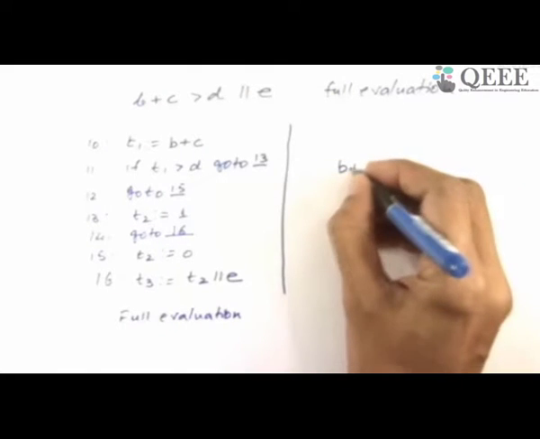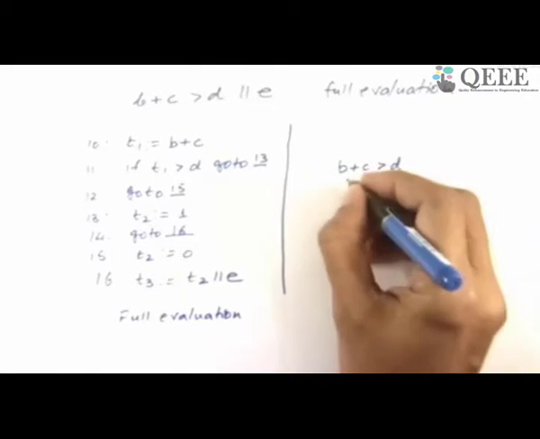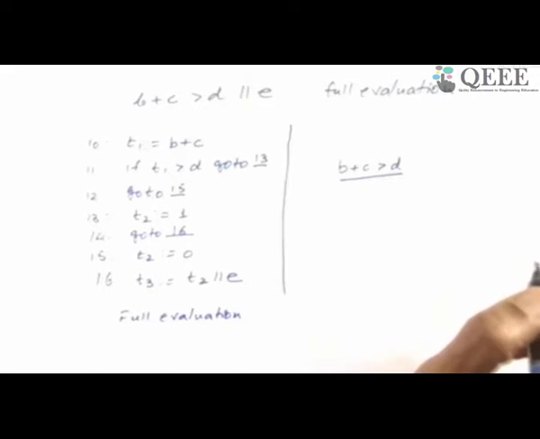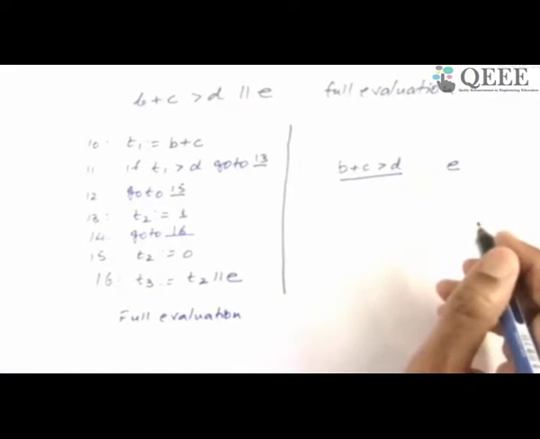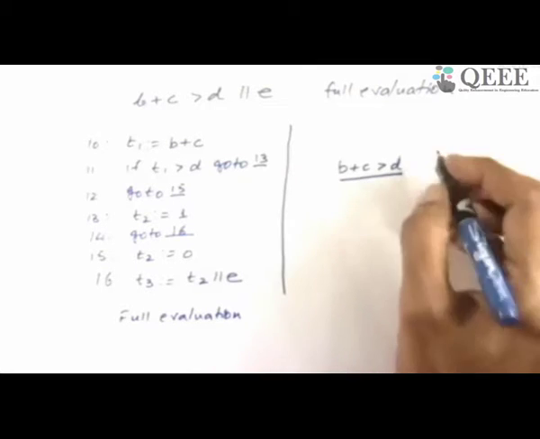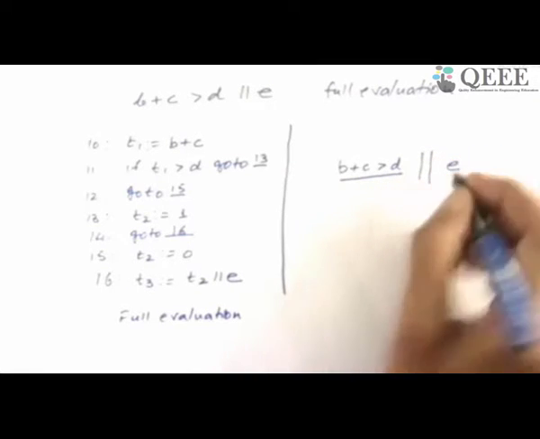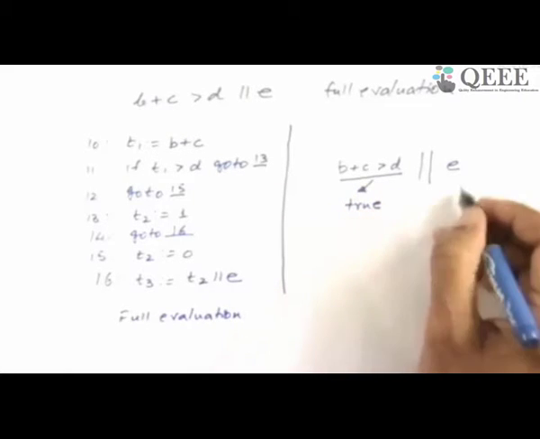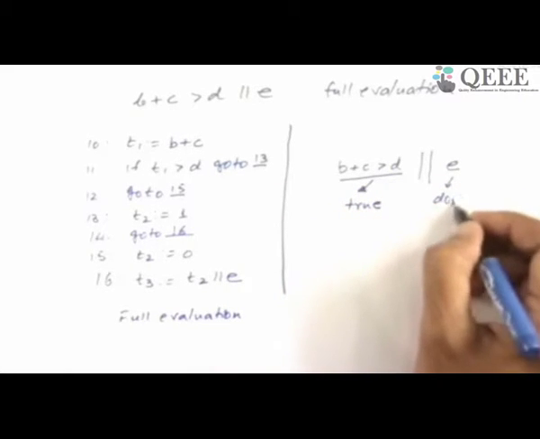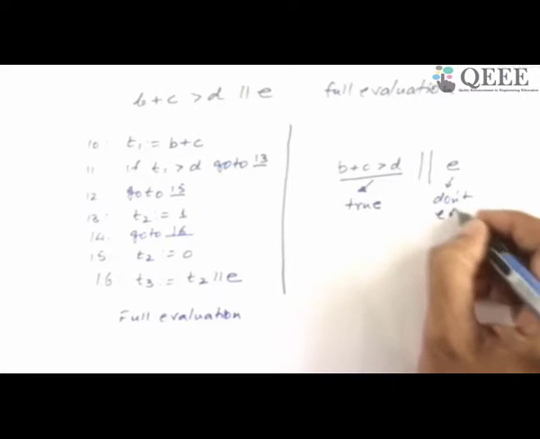There, the first idea is there are two parts of the expression, two Boolean values. Is B plus C greater than D? The answer could be yes or no. And E, which may be true or false. And the idea is, since it's an OR operator, if this value turns out to be true, then I don't have to evaluate this. The expression is true anyway.